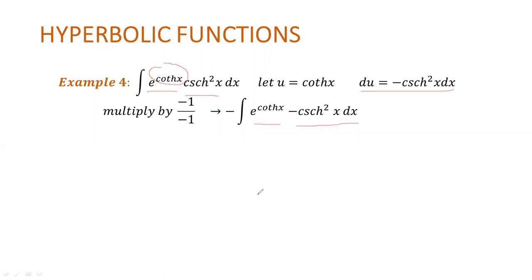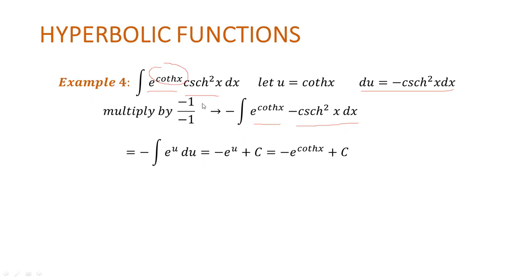It's already complete. And we know that e^u du has an integral which is equal to e raised to u. So let's check whether it's really e raised to u. So e raised to u, which is the hyperbolic cotangent of x, and we just affix the negative sign that was written before the integral.